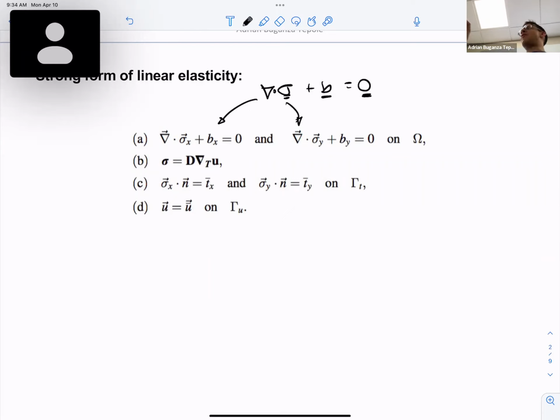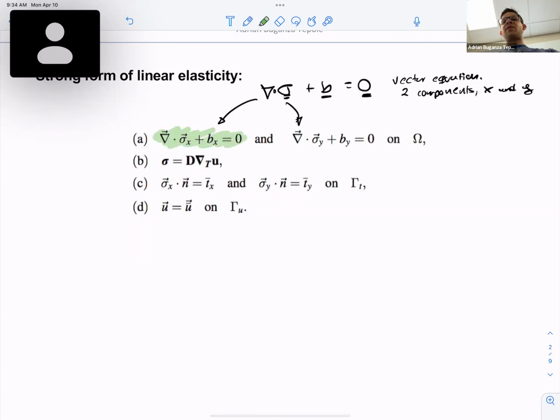So if it's written in that form, this basically is a vector equation, because this has two components, an X and a Y component. You can, in the book, for example, explicitly write down the two equations. Each of these is a scalar equation that looks just like the heat transfer problem. And that's why the book does it like that.